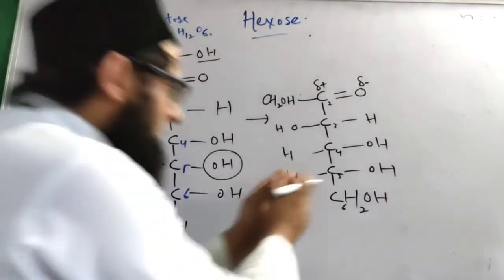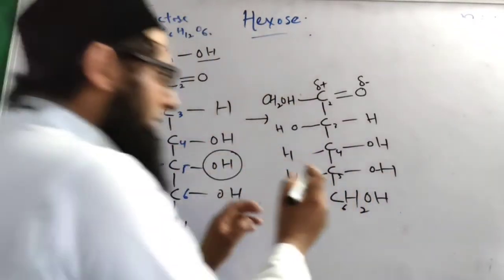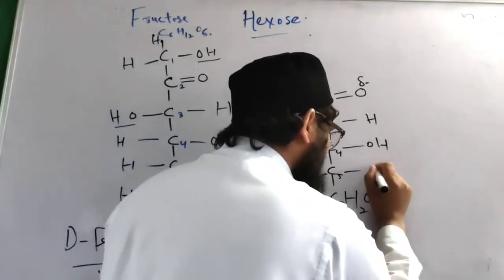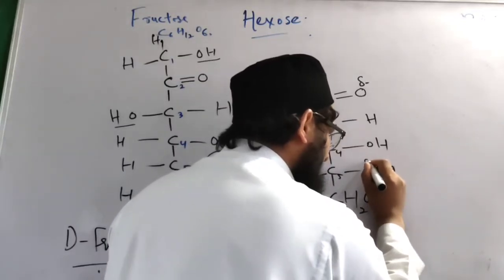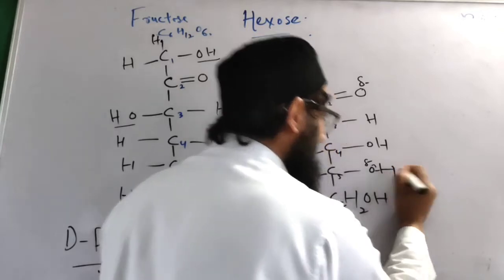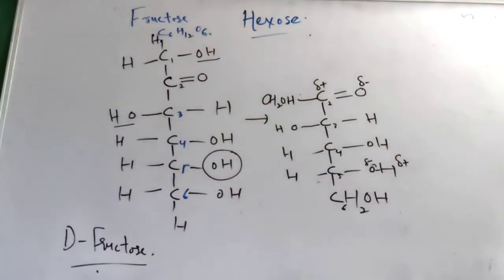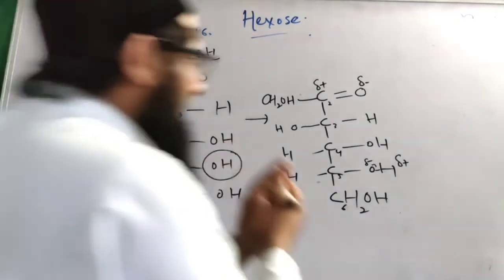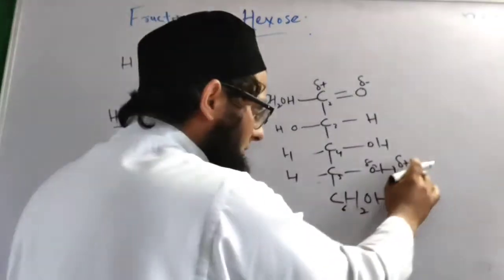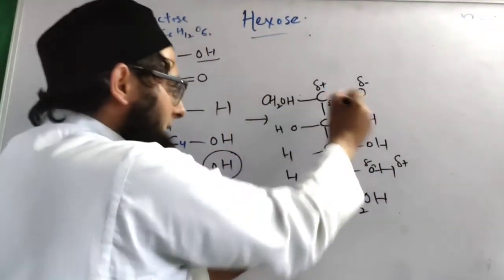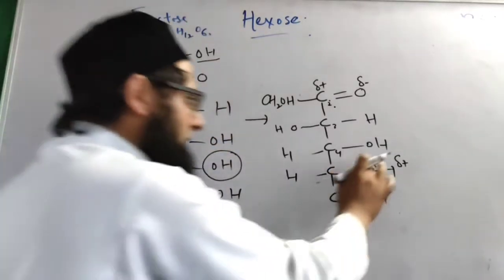Similarly, at carbon number 5, between oxygen and hydrogen, oxygen being more electronegative develops a slight negative charge, and hydrogen develops a slight positive charge. Now this delta negative oxygen and this delta positive hydrogen will interact with each other, and this carbon, slightly positive, and oxygen will interact with each other.